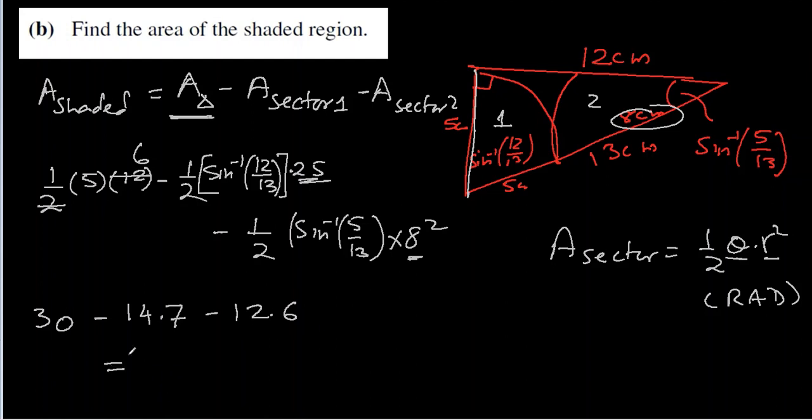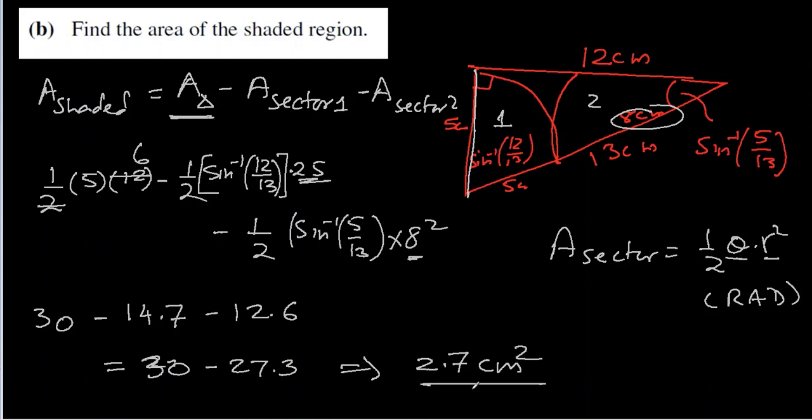And the answer comes out to be 20 minus, so not 30 minus 27.3, which is equal to 2.7 centimeter square. This is the area of the shaded region, which was the remaining area of the triangle.